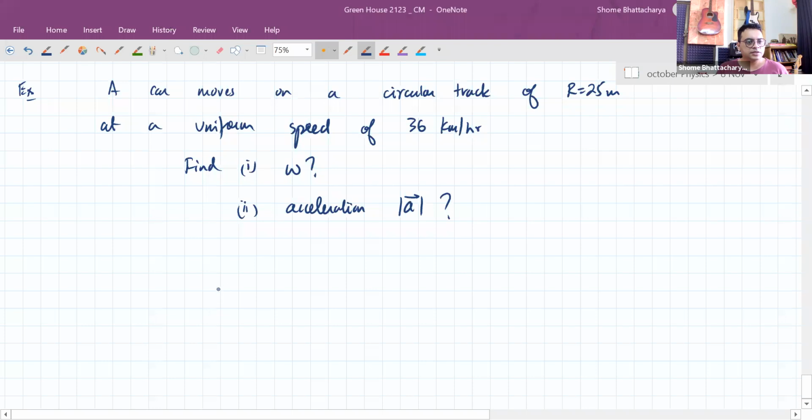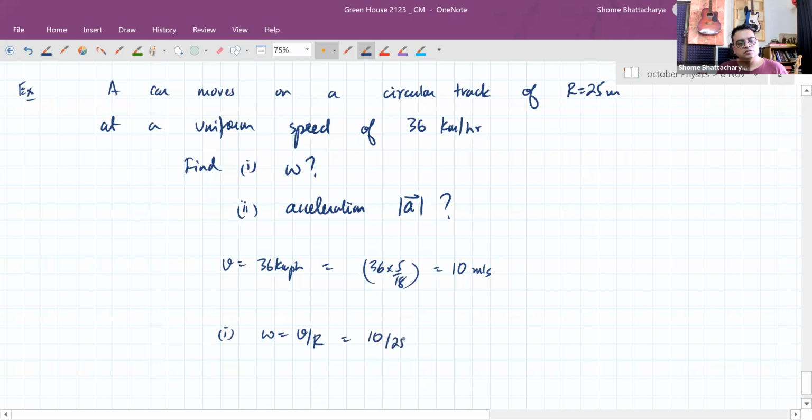You can see here that the speed, which is 36 kilometers per hour, when you convert it, is 10 meters per second. So the angular speed will be 10 by 25, or 0.4 radians per second.